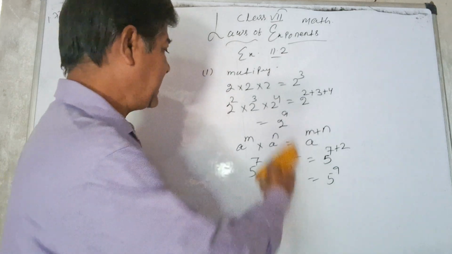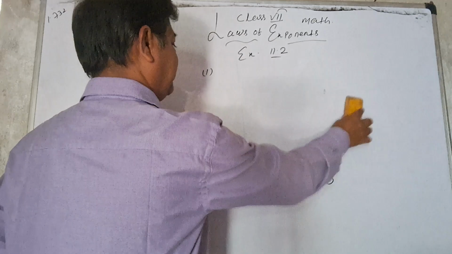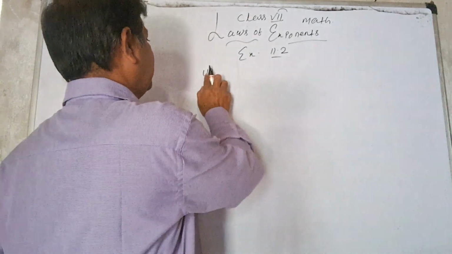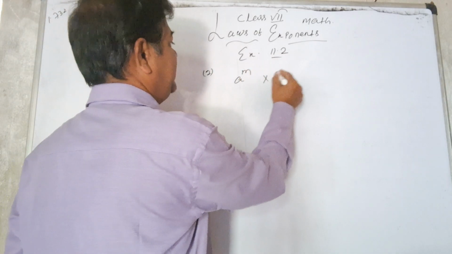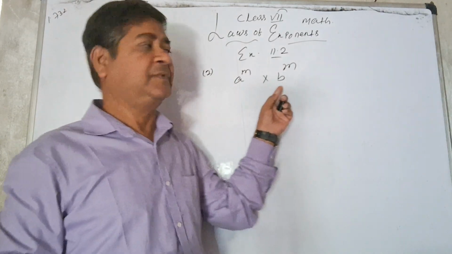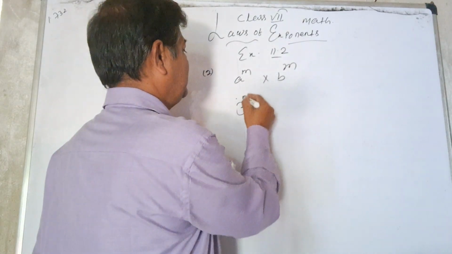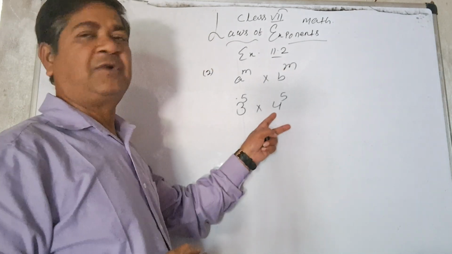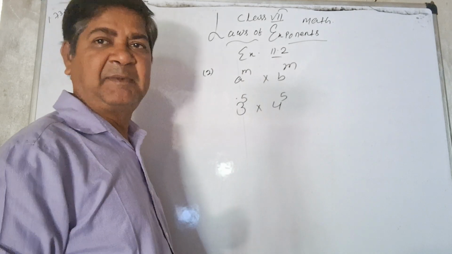But there is another law, when the bases are different, not the same, but the power remains the same: a to the power n into b to the power n. Here a and b are different bases, with the same power. Just like 3 to the power 5 into 4 to the power 5. 3 and 4 are different bases, but the powers 5 and 5 remain unchanged.